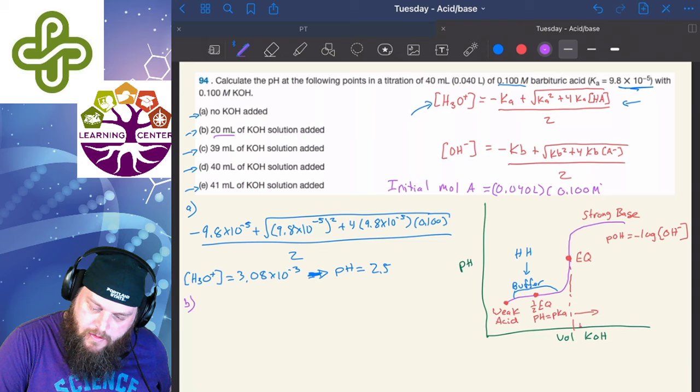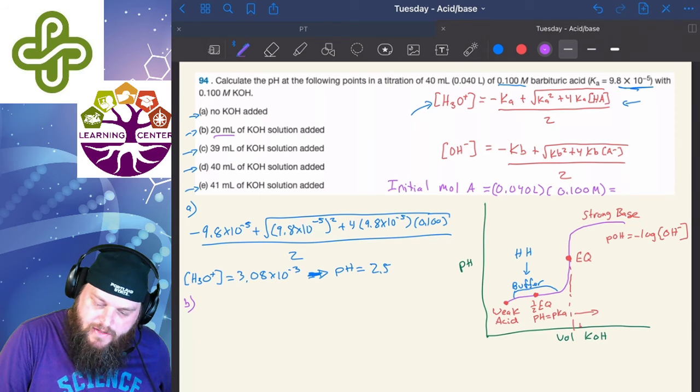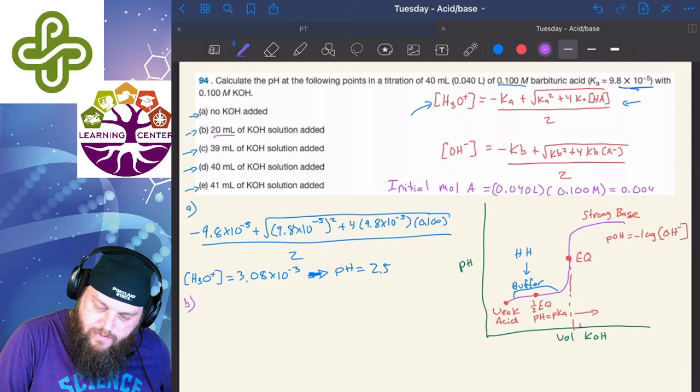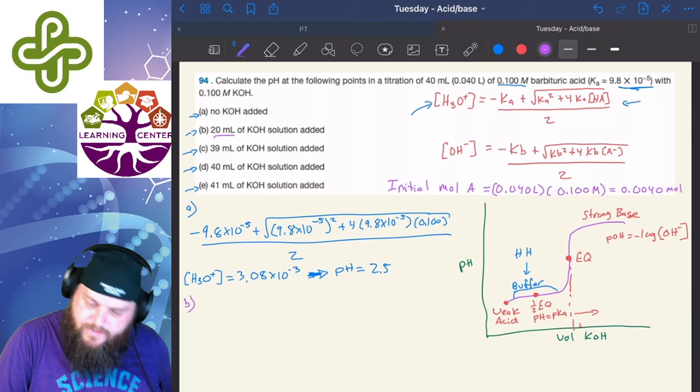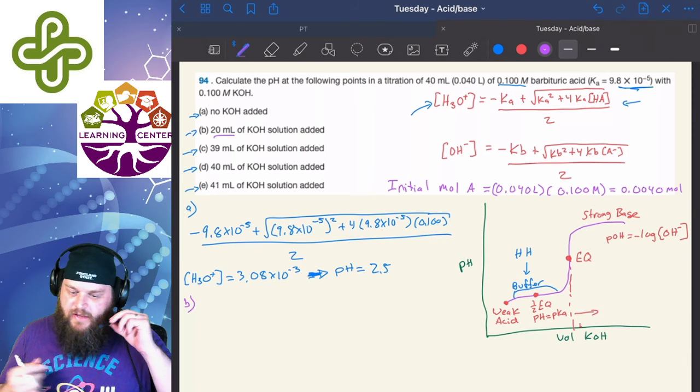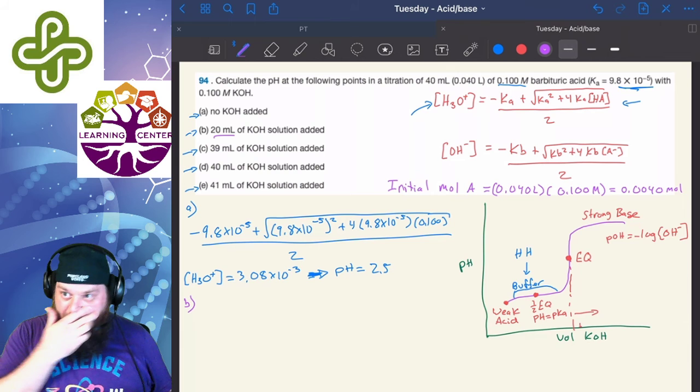Put units in, which is really equal to, I'm going to multiply those together, 0.0040 moles. So really 4.0 times 10 to the negative 3 is what we got there.